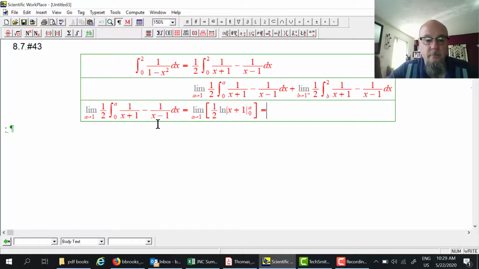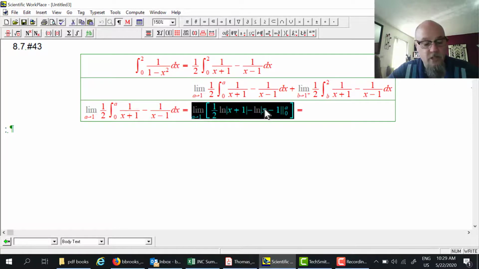And now this is going to be, so I need this other piece too. Duh. Minus the ln of absolute value x minus 1. And this, going from 0 to a, that's for the whole piece here. So now let's take this.